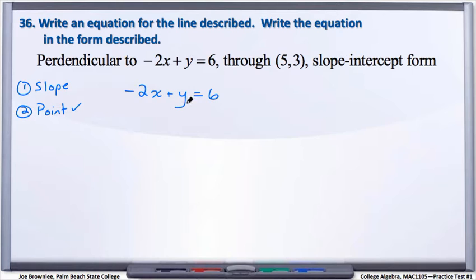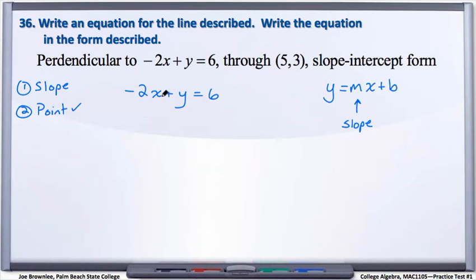And to do that, we're going to put this into y equals mx plus b, right? Because y equals mx plus b is the only form of a line where we can clearly identify the slope. Right now, we can't clearly identify what the slope is, but once we solve for y, we'll be able to see what the slope is.